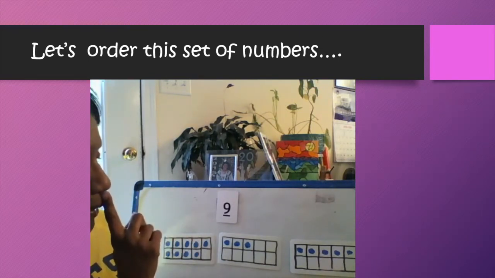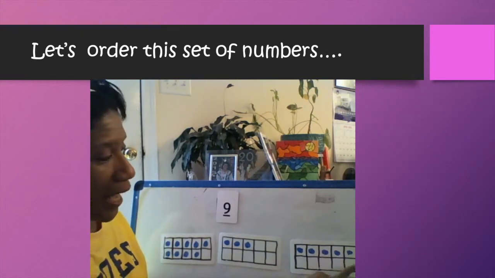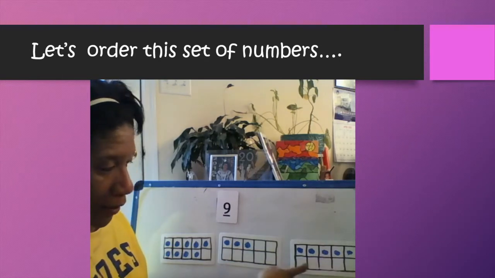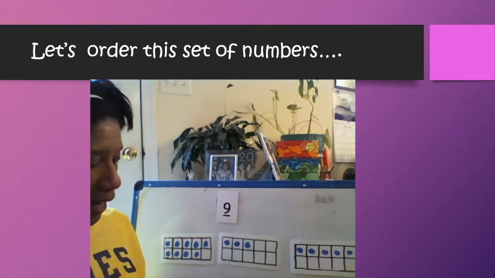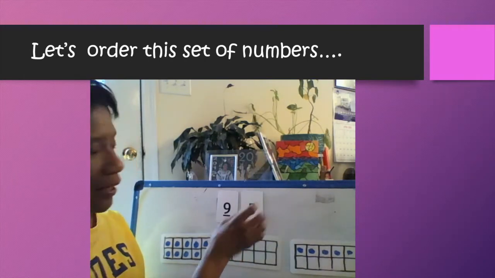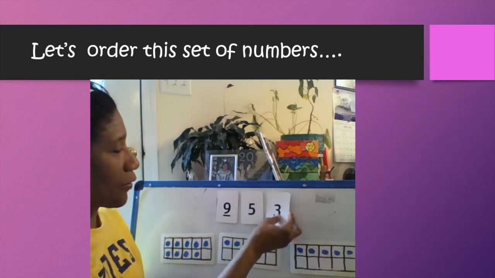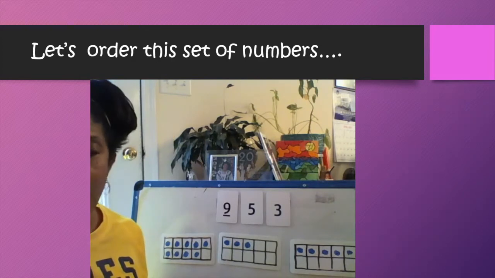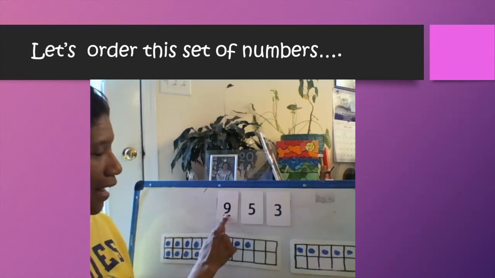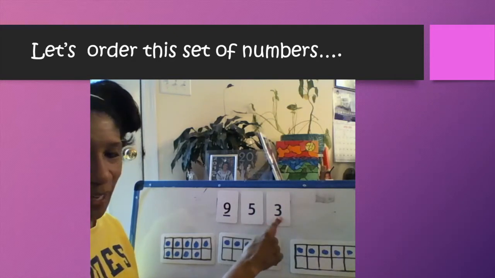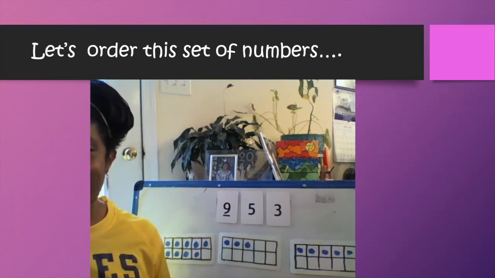All right, I heard somebody say 5 because 5 has the next fewest amount of blank spaces. So I'm going to put 5 up here as my next number. And that only leaves us with our 3. So now our numbers are in order from greatest to least. 9, 5, 3.